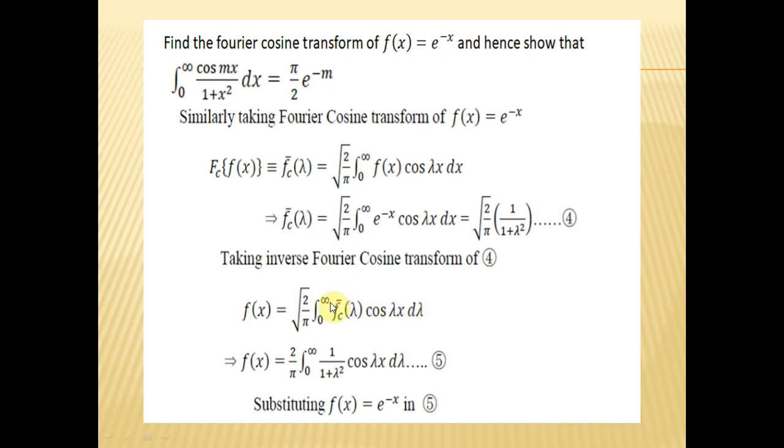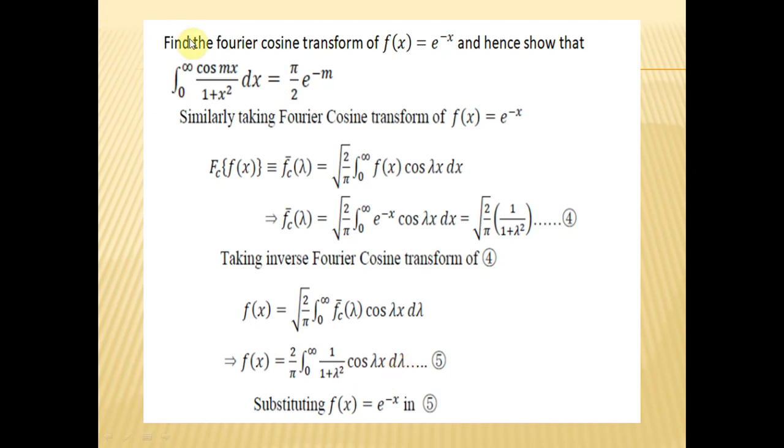Now fc bar of lambda can be replaced by root of 2 by pi 1 by 1 plus lambda square. So that root of 2 by pi into root of 2 by pi becomes 2 by pi, and this fc bar of lambda is equal to 1 by 1 plus lambda square cos lambda x d lambda.